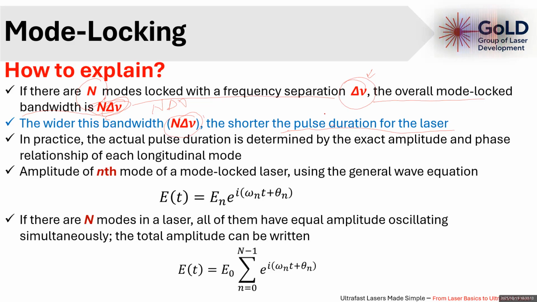In practice, there is mathematical treatment which shows a number of relations. Here, this equation is the general wave equation. This is the electric field of the nth mode of a mode-locked laser.